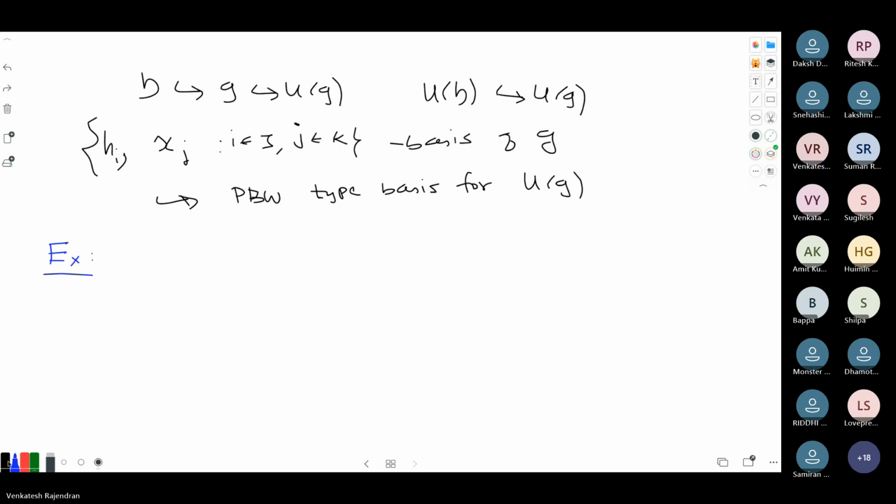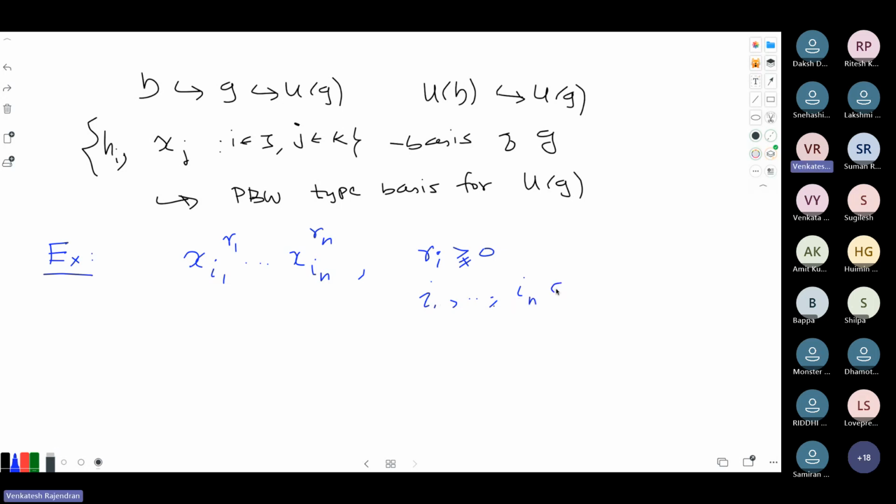So if you take xi1 power r1, etc., xin power rn, where the ri's are all positive, maybe we'll take it to be positive, and then i1 is less than etc. less than in.